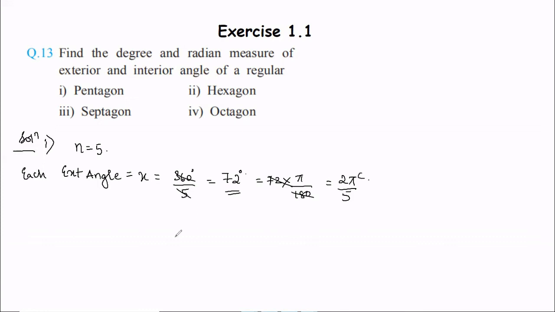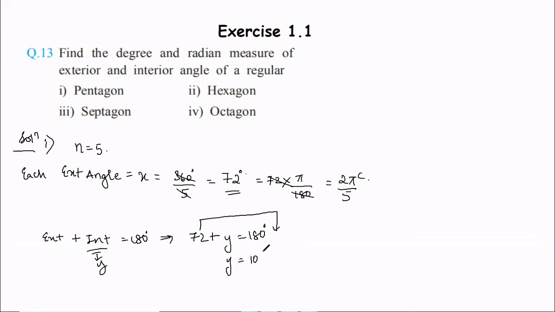Okay. So now let's talk about interior angle. So exterior angle plus interior angle will give you how much? 180 degrees, as discussed. So similarly, 72 plus interior angle, we'll assume it to be y, plus y is equal to 180 degrees. So let's put 72 on the other side. You will get y is equal to 108 degrees.